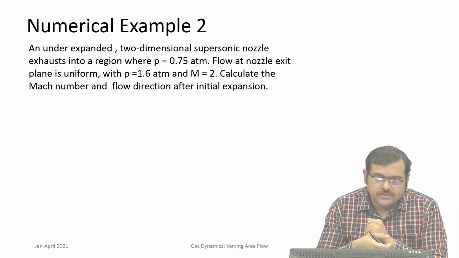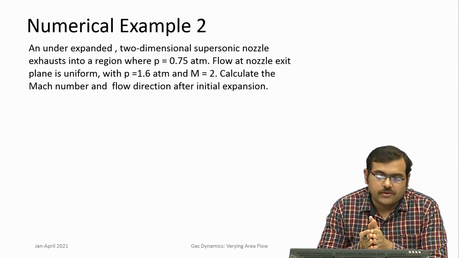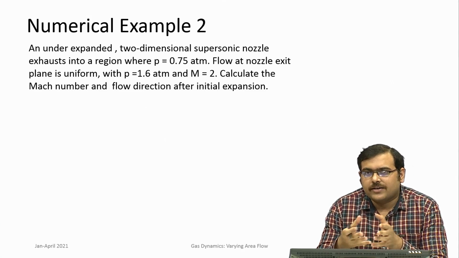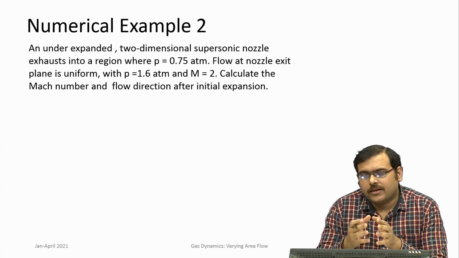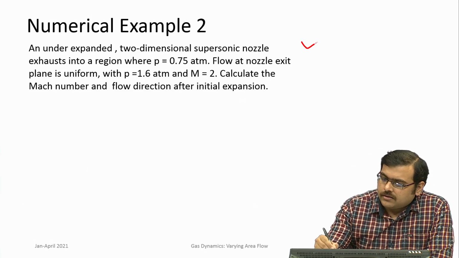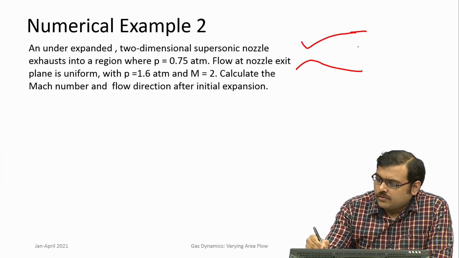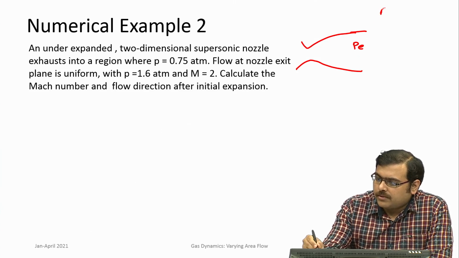Second one is an under expanded 2-dimensional supersonic nozzle. So, here we have an under expanded jet. So, in an under expanded nozzle flow, the nozzle pressure at the exit, P exit, will be greater than the ambient pressure Pa.